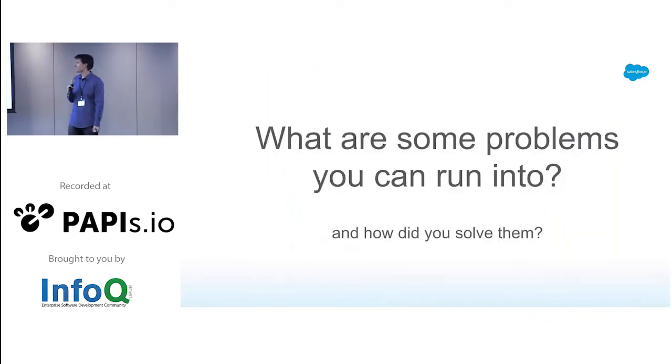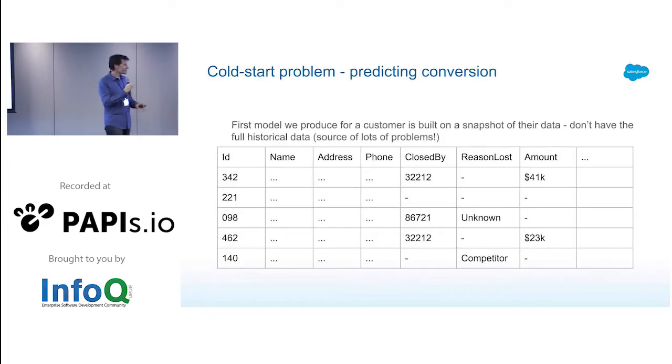So what are some of the problems that you can have? I'm first going to show a very, very simplified version of what some of our problems might look like. The source of a lot of the problems is that there is a version of the cold start problem that we have to deal with, in the sense that when we first build a model for a customer, we only have a snapshot of what their data looks like at this moment.